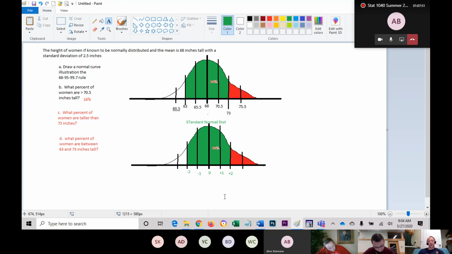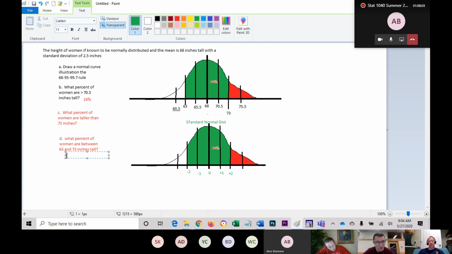So according to the 68, 95, 99 rule, when I'm 2 standard deviations away, which is the green area, what percent of women are within 2 standard deviations? Is it 50%? Nope. 75? Okay, there's a reason it's called the 68, 95, 99 rule. 68% represents what standard deviation?